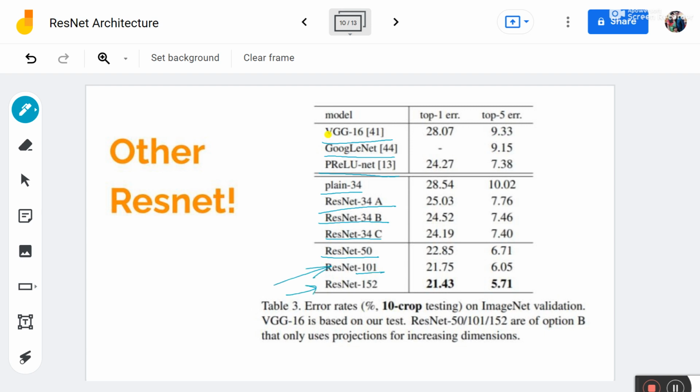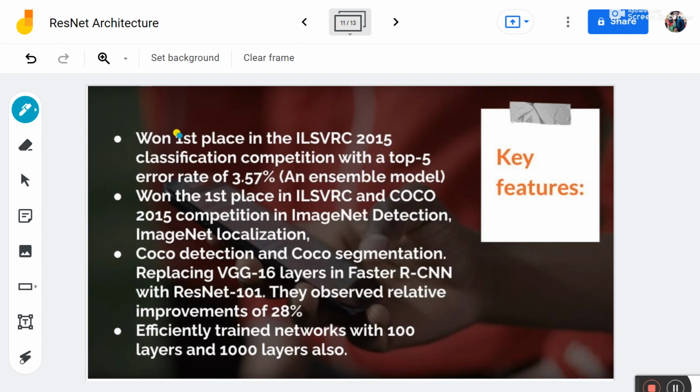So we are also having 152 layers also. So you can see that it's showing the error, so it's having the least error. So error rates is 10% crop testing and ImageNet validation. VGG is based on our results. So this is the result given by the research paper.